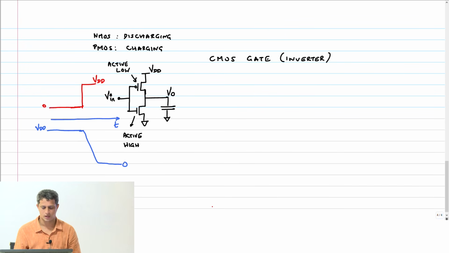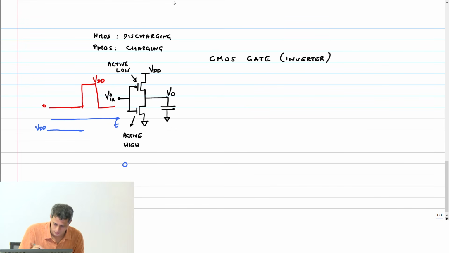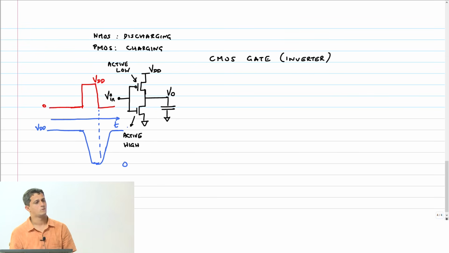Right? Now exactly the opposite will happen if the input falls again here. The output will now rise. Let me just draw it more accurately, right? And then at this point, this will again rise with some delay, right?